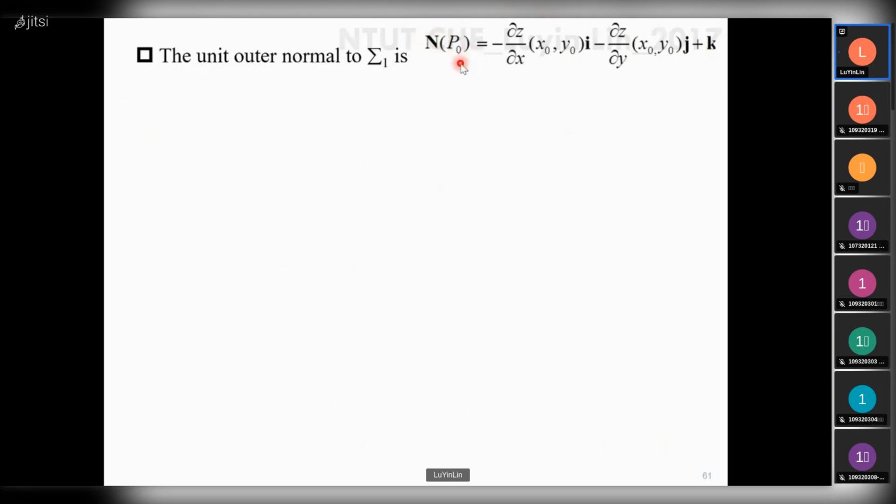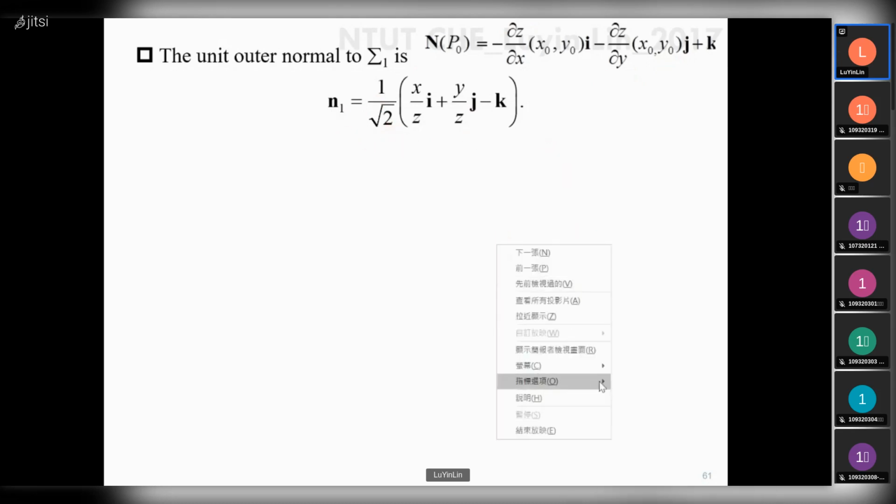The normal vector at P0, and this is a simpler form, right? A simpler form by using, if you can have z as a function of x, y, you can have this form. So first, okay, in my handout, I just directly give you the answer. So let me show you how to calculate.